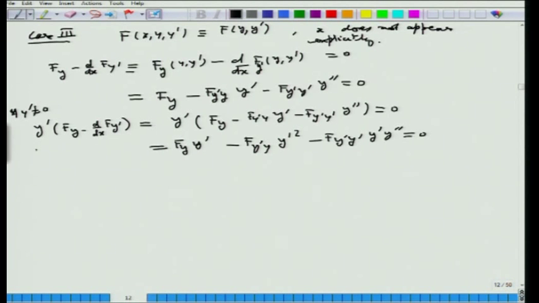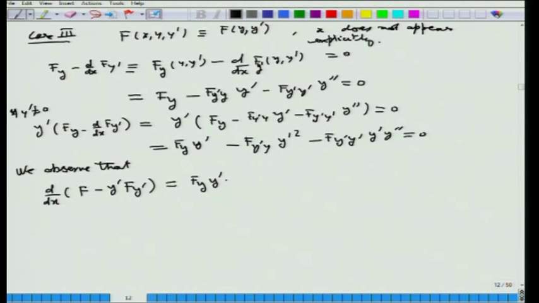So, multiplying by y prime we get this. Now, we observe that d by dx of (f minus y prime f_y prime) is actually equal to, since f is a function of y and y prime, f_y y prime plus f_y prime y double prime, and here the second term minus first.